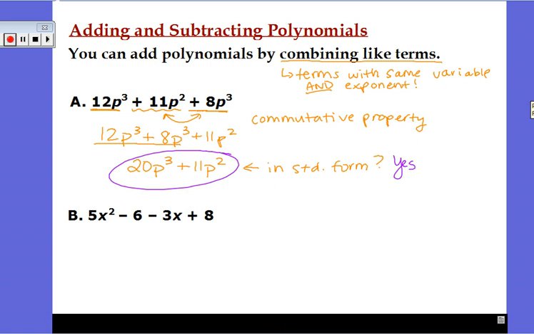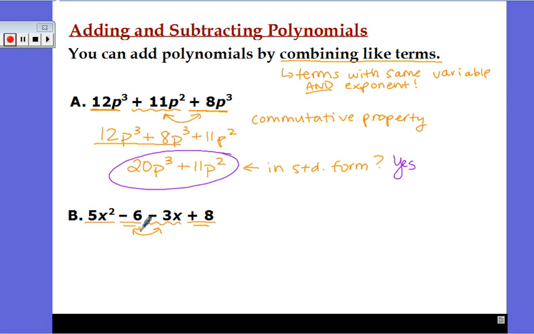5x squared is a term that has no like terms here. I see -6, which is a like term with +8, and then -3x is not a like term with anything, so we're going to use the commutative property to change the order of the -6 and the -3x.